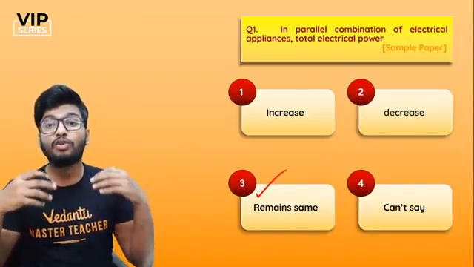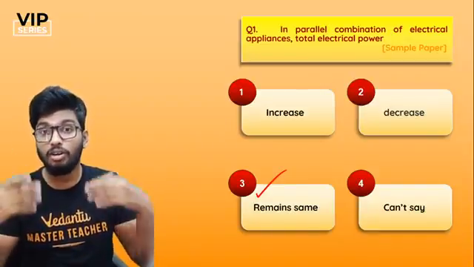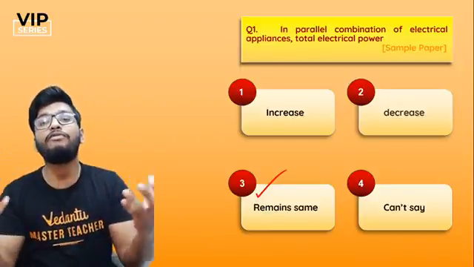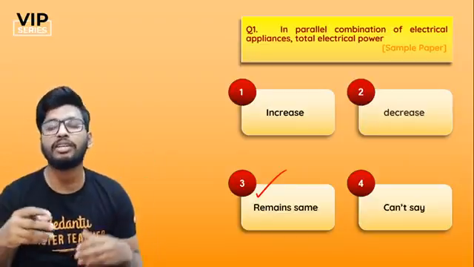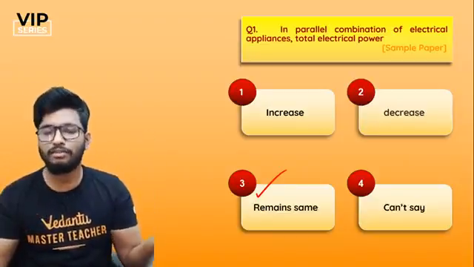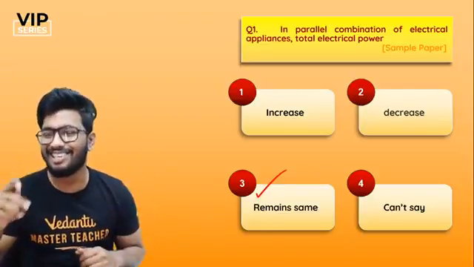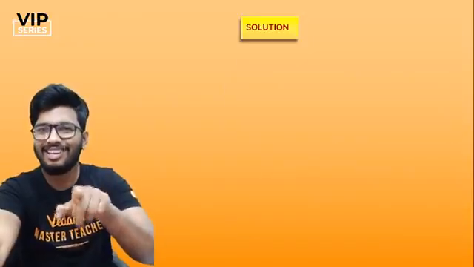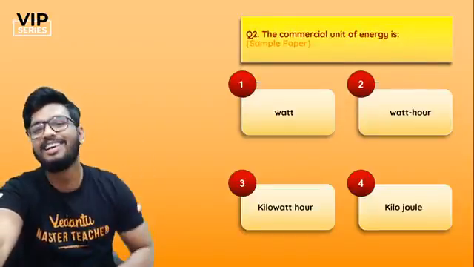The total power consumption in a parallel connection would be the sum of the individual power consumption of these appliances, which means it will be 40 plus 50, which would be 90 watts. So that is the answer for this question. Quite a simple one, but if you have gotten this wrong, guys, read your textbooks. Very important.